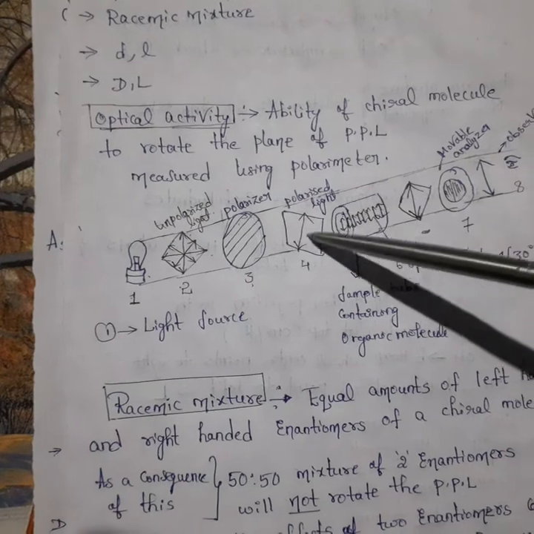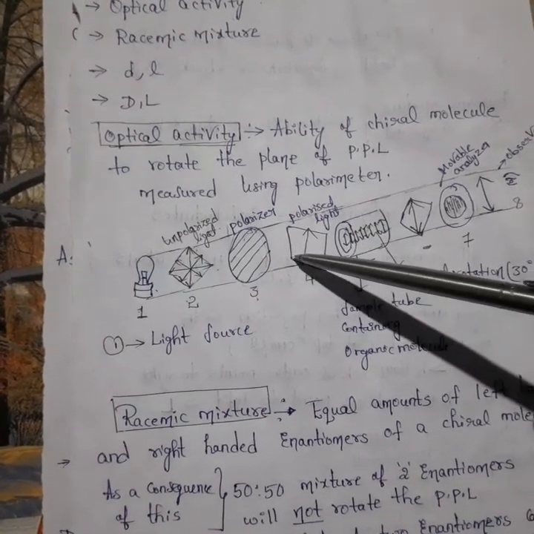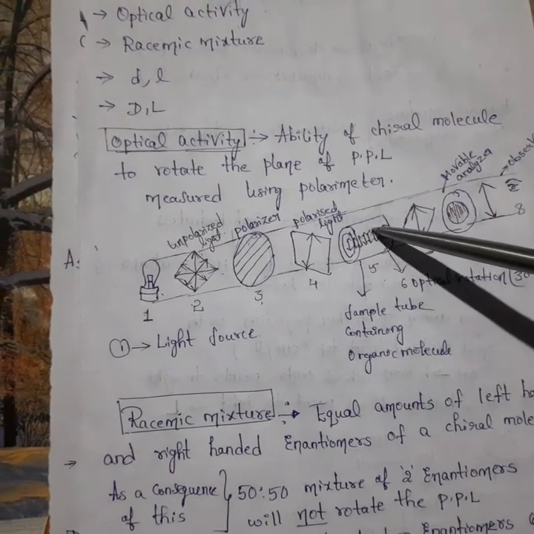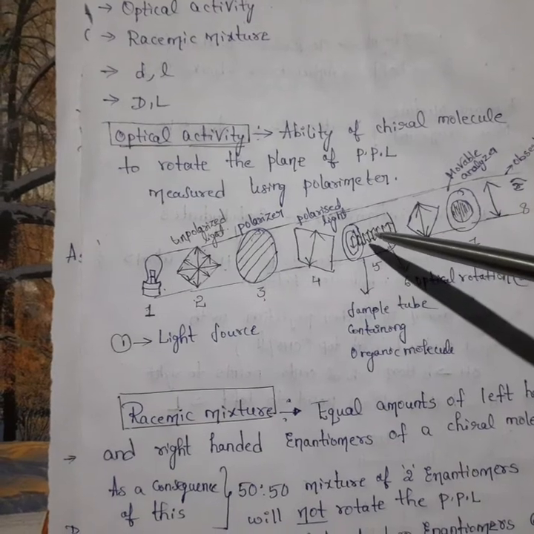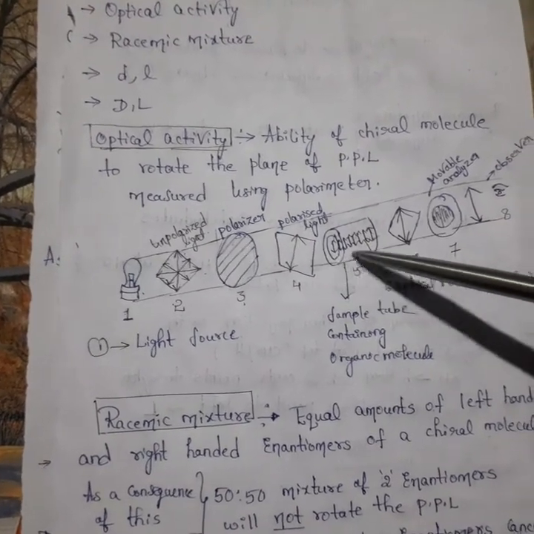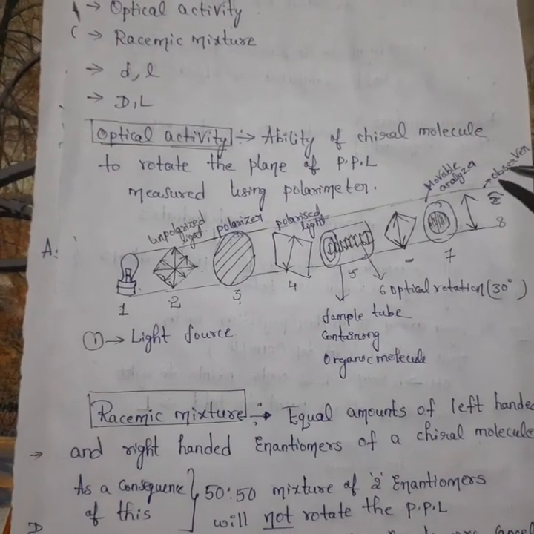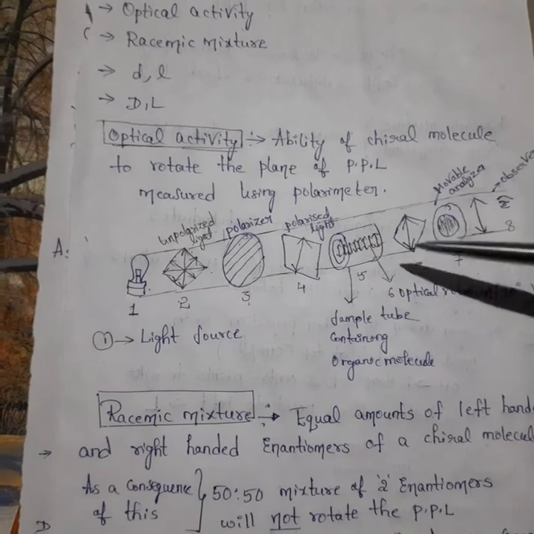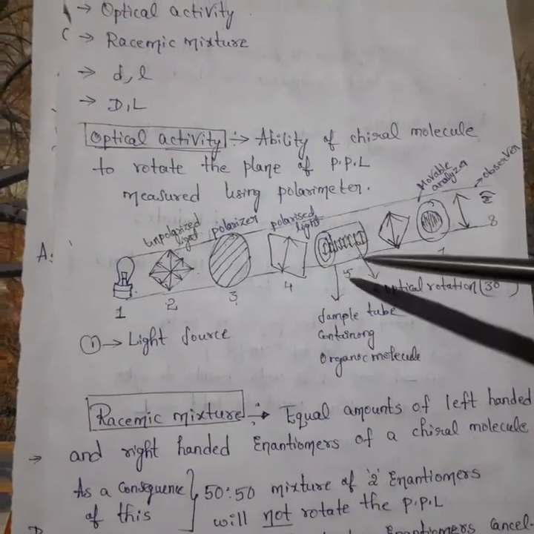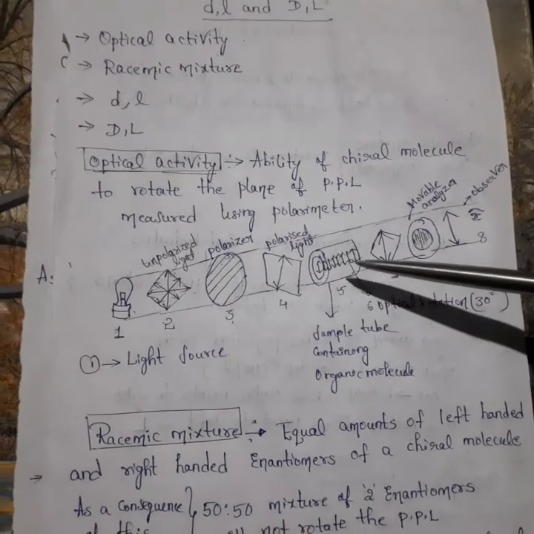When the polarized light enters this tube, where the organic molecule is present, the light gets rotated. And here is the movable analyzer, and finally we can observe whether the organic molecule which we used in this sample tube is optically active or not. That we will discuss later.